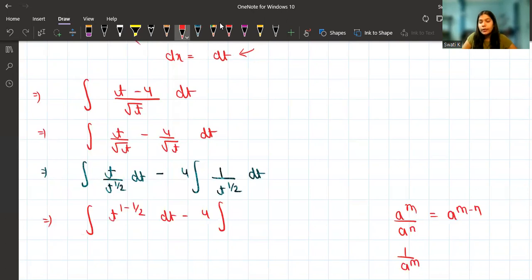If you have 1 upon a raised to m, that is the same as a raised to negative m. That means if you reciprocate that fraction, whatever you have at the power will become negative. So this will become t raised to minus half. This is the property of exponent that I have used, okay?